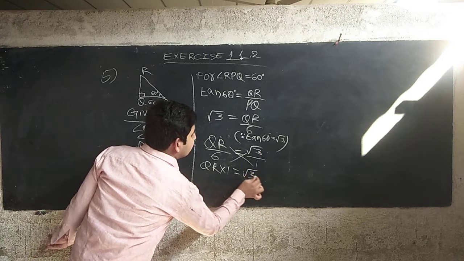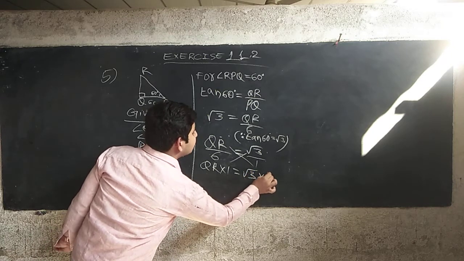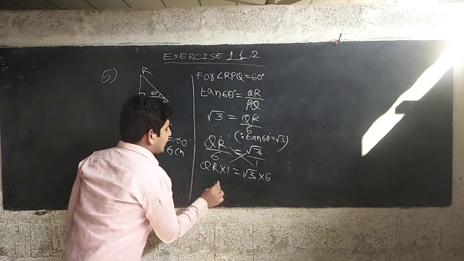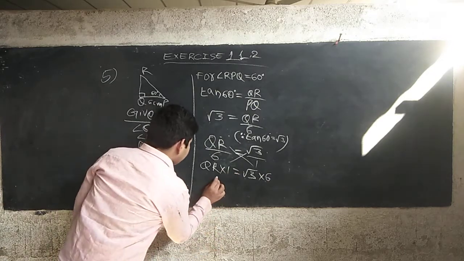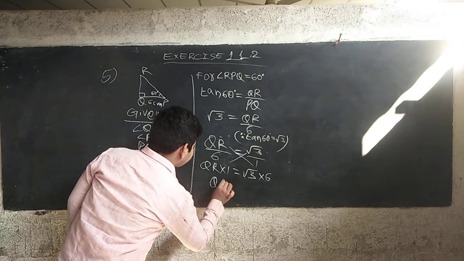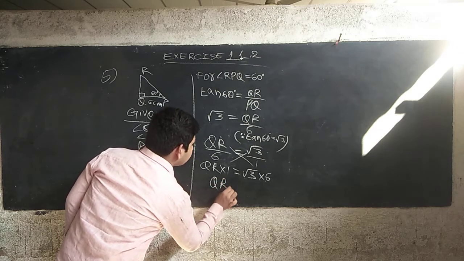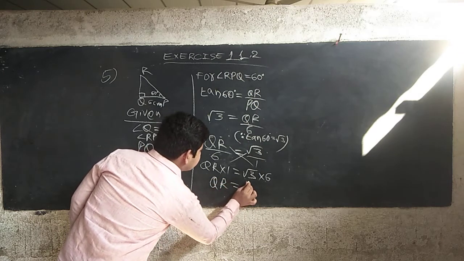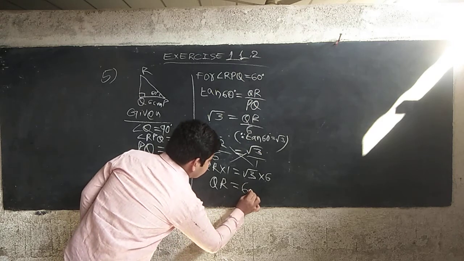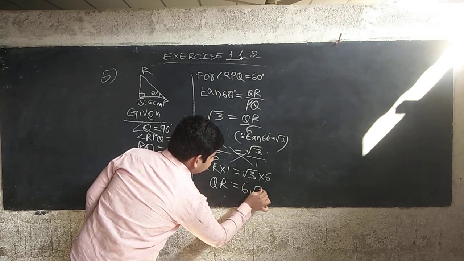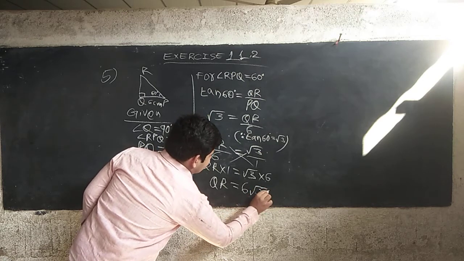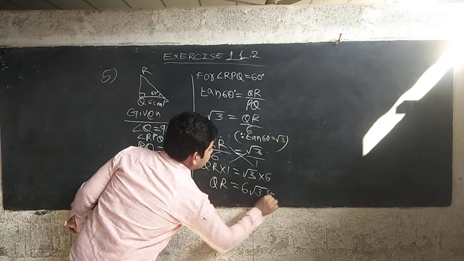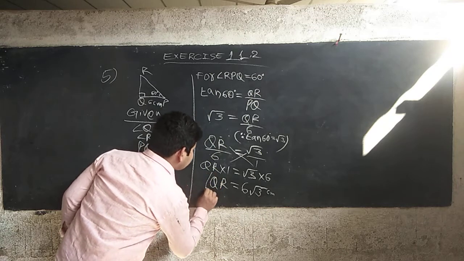So QR equal to 6 root 3 centimeters. This is the value of QR.